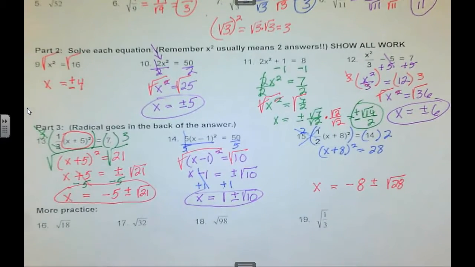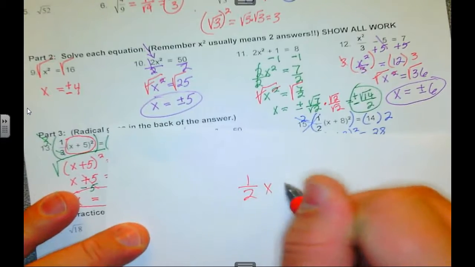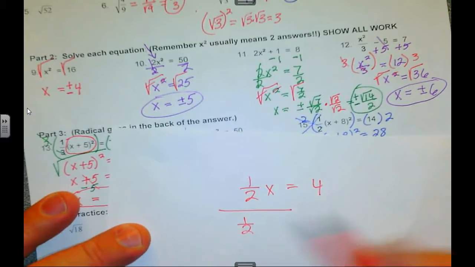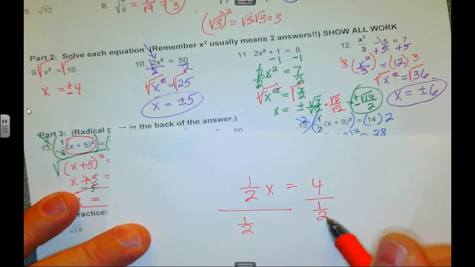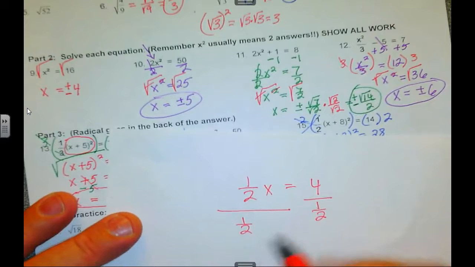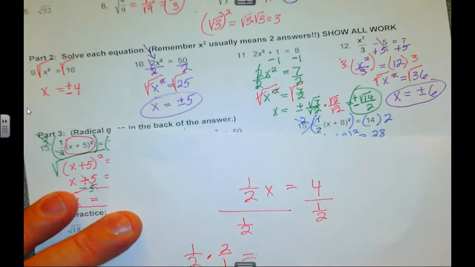Well, look, listen, guys. If I have 1/2 x equals 4, I can either divide by a half, or, because it's the same thing, when you divide a fraction by a fraction, you flip the fraction and multiply.